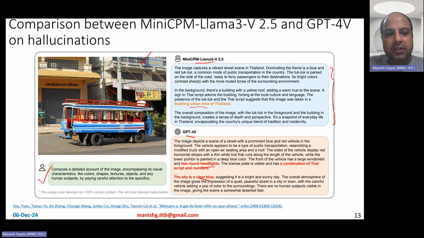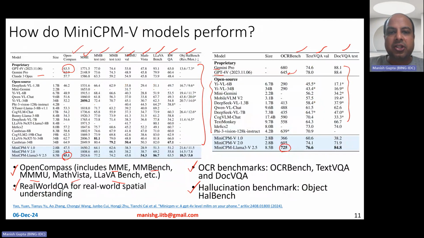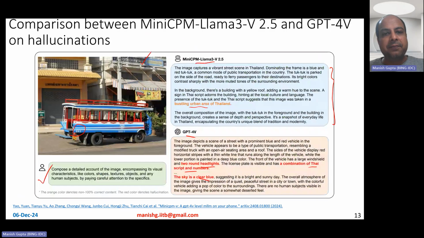Also, the script is not a combination of script and numbers. So a lot of hallucinations in GPT-4V, while hallucinations are typically lower, as can also be observed in this Hellbench dataset or benchmark. Right? Hallucinations typically are lower in the MiniCPM visual model compared to the GPT-4V model.